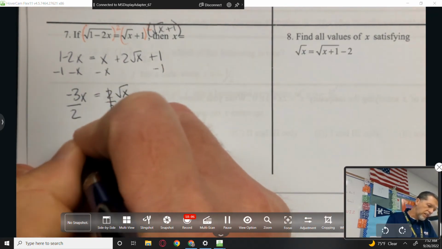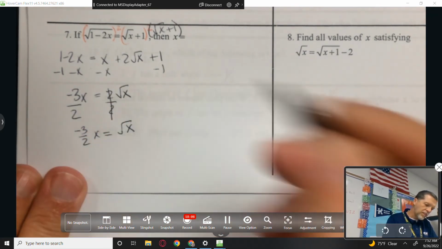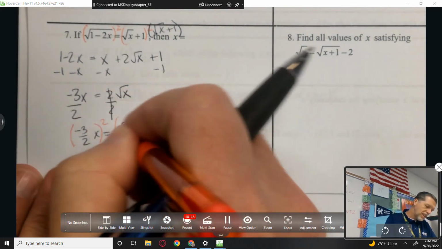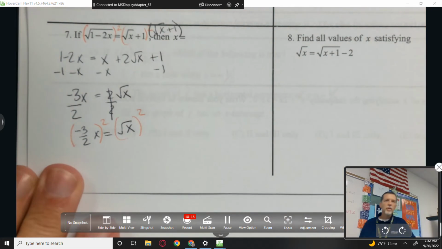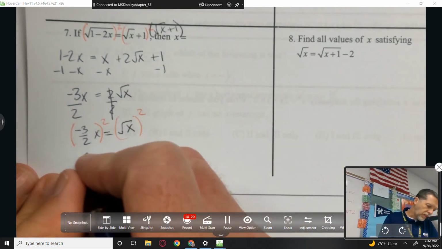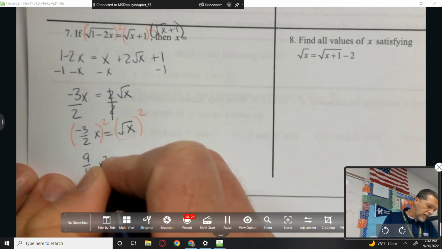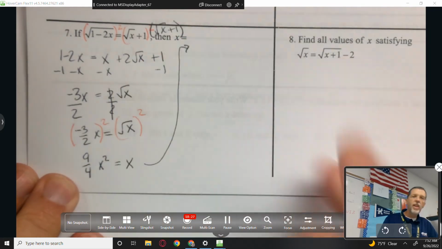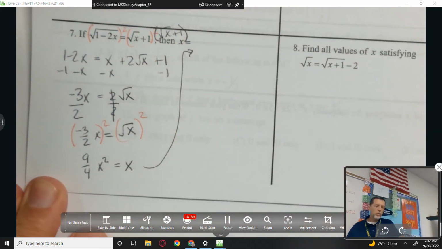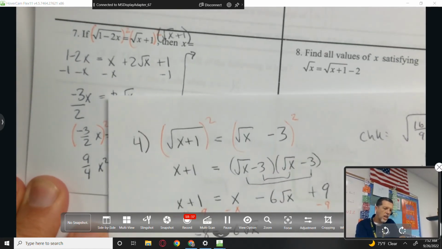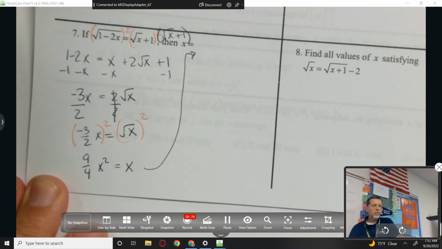So negative 3/2 x equals square root of x. Now we'll square both sides again, this time to fix the other square root. So 9/4 x squared, because when you square both sides, you got to square all of it. X squared equals x.